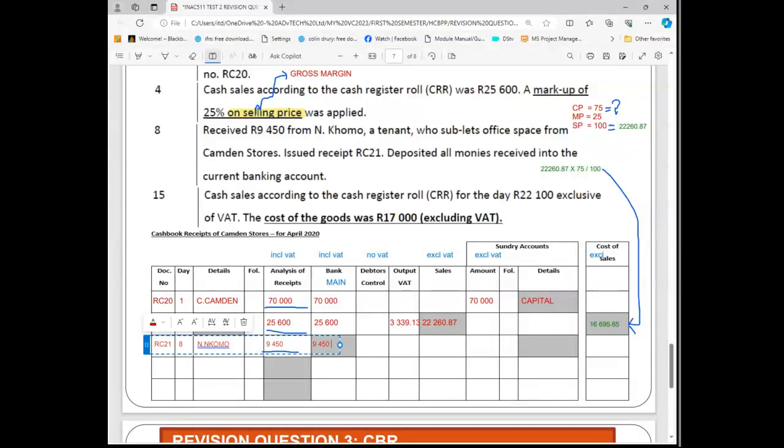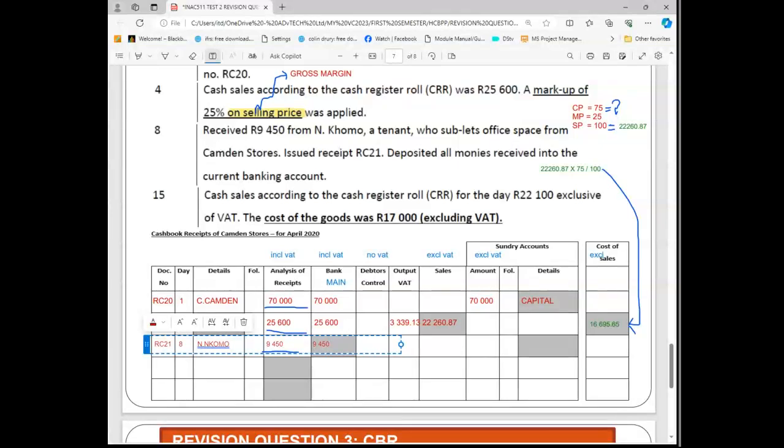The 9,450, but is rent vatable or not? It is vatable. So calculate VAT: 9,450 times 15% over 115.